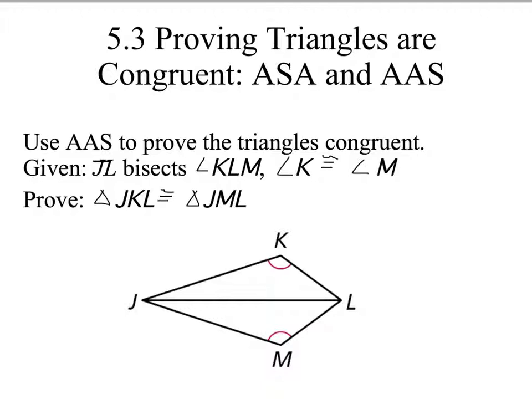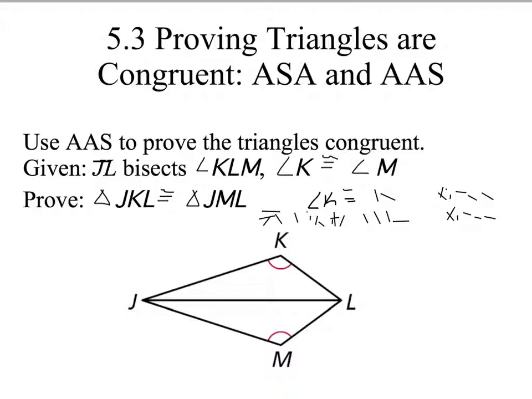All right, so given our given information, angle K is congruent to angle M. That's given. We also know that JL bisects angle KLM. That is also given. We know that to be a fact. Looking at these two triangles, remember, try to separate them in your mind.